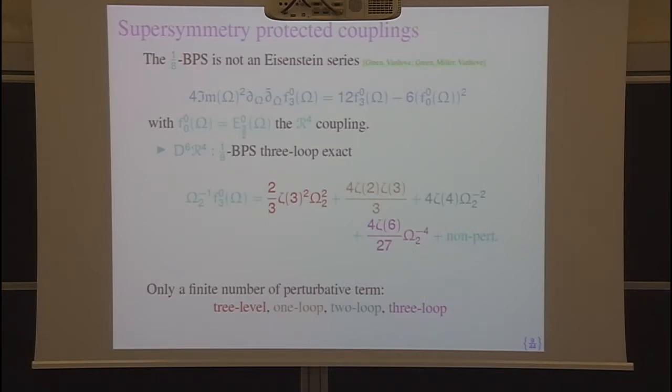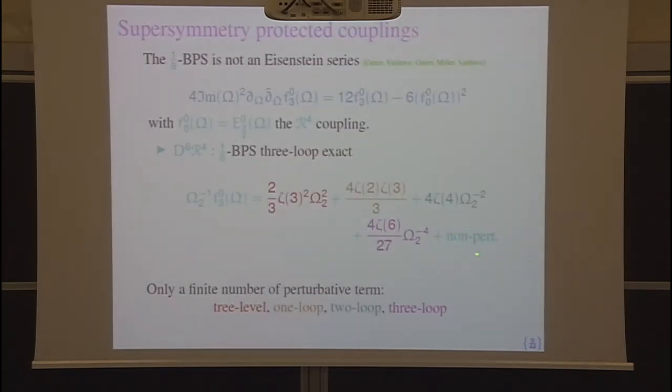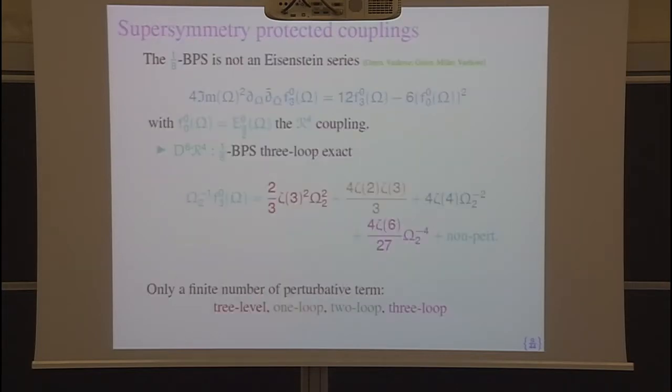So this is the thing that comes here. This is just to tell you. The thing that is interesting in what I said is that if you forget for a while that there are exponentially suppressed terms, all the terms here that come from the perturbative expansion have a very, very distinct particular feature.